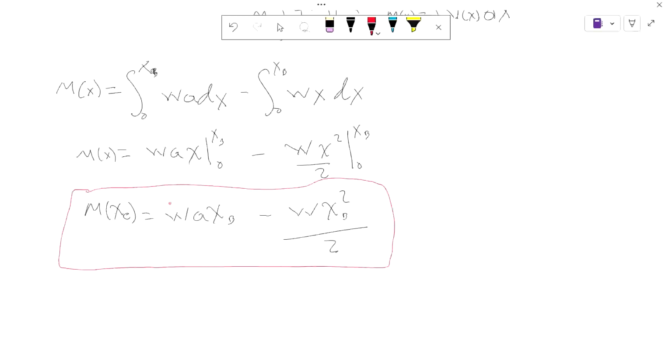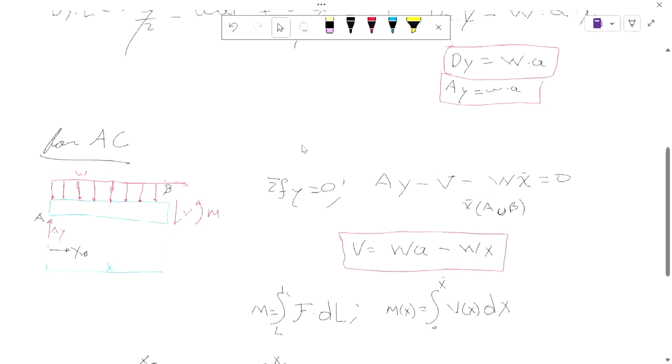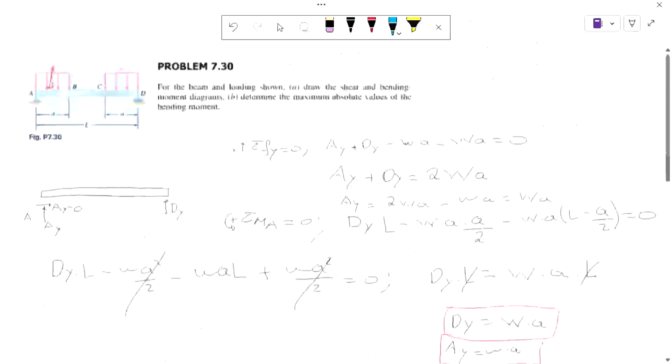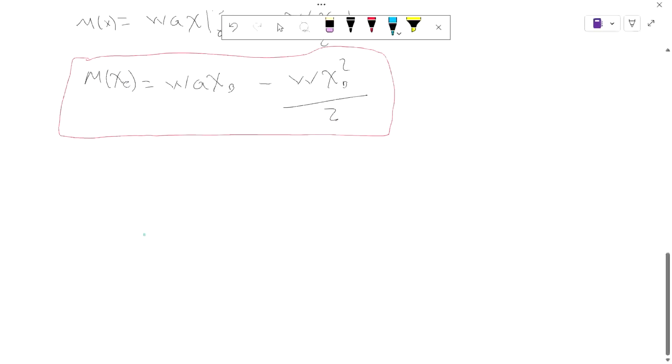All right, so let's plot the first part of the curve. So let's plot it right here. So we have A, B, C, and D. Okay, so we have this and that. One for V, shear, one for moment.